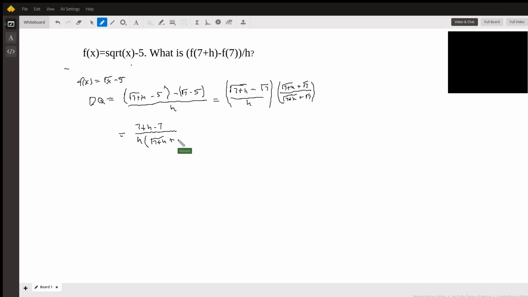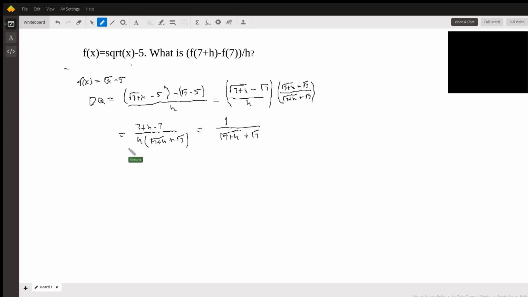You can see the 7s cancel and the h's cancel also, because when the 7s go away, you have h over h, so we can now write this as 1 over square root 7 plus h plus square root of 7. Okay, so that answers the question as written.